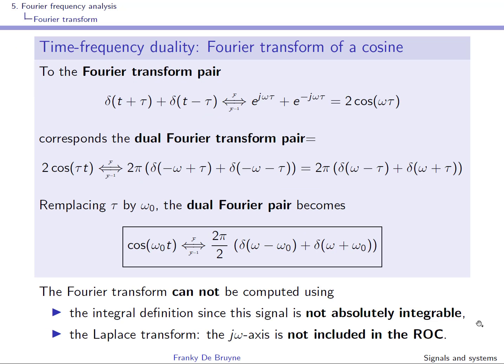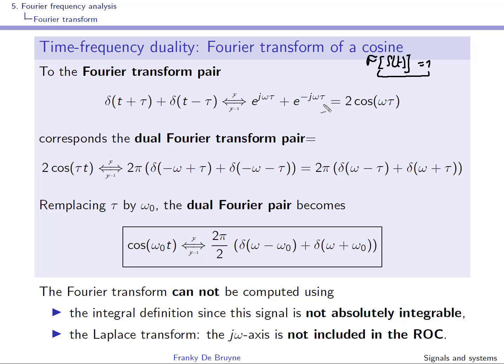So we have seen previously that the Fourier transform of a delta is equal to 1, and what we do here is the sum of two deltas, one localized at minus tau and the other one at tau, and we know that if we shift in the time domain, what will happen is that you multiply by e to the minus j omega tau over here and e to the j omega tau over here.